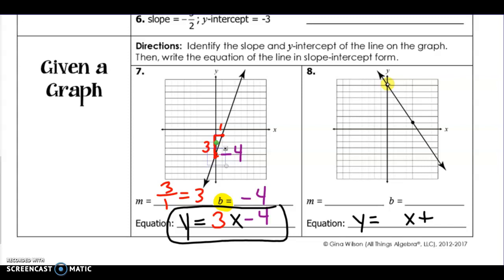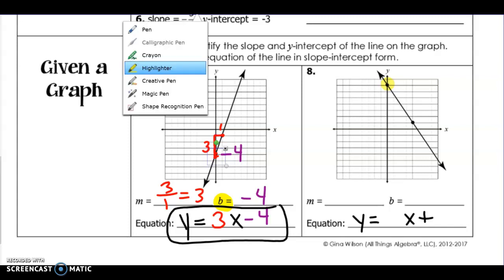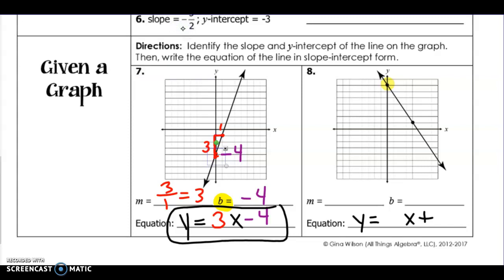So in this case, from 0, remember you always start from 0, I'm going to go up 1, 2, 3, 4, 5, 6, 7. So that is up at 7. So that's my b, and that's what you're going to plug in at the back end of the equation.